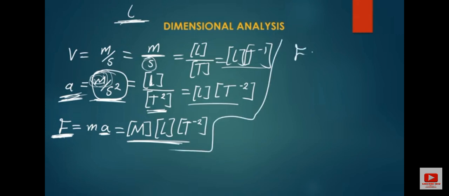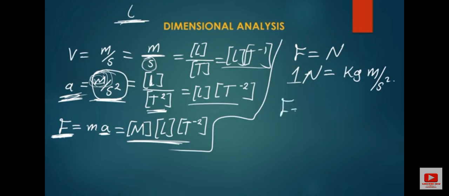We know that force is measured in what? In newtons, and 1 Newton is simply equal to kg meters per second squared. So now force is therefore going to be equal to, so we know that this can be written as kg times the mass, everything over the time squared, the second squared.